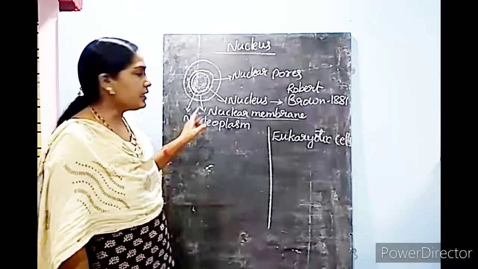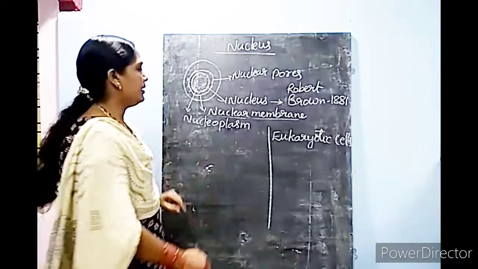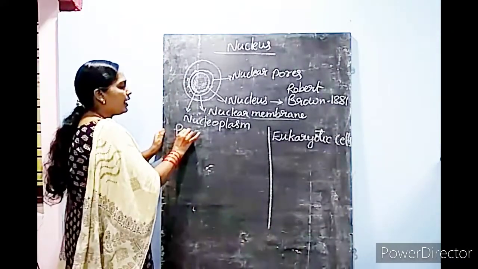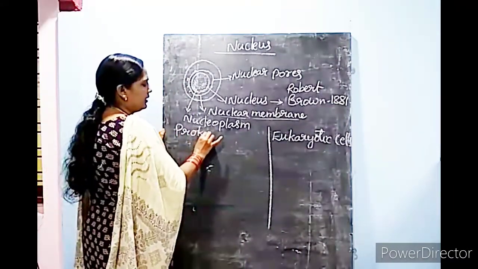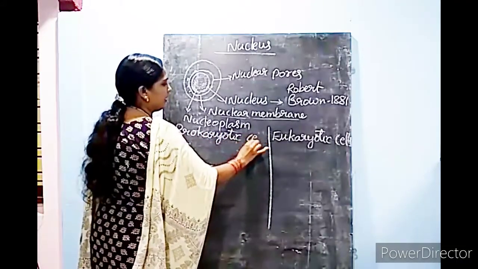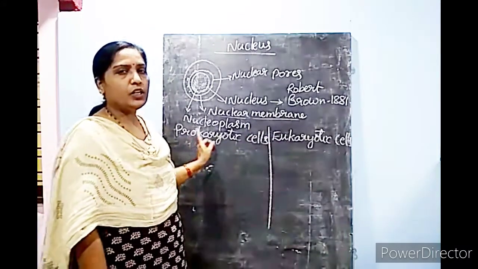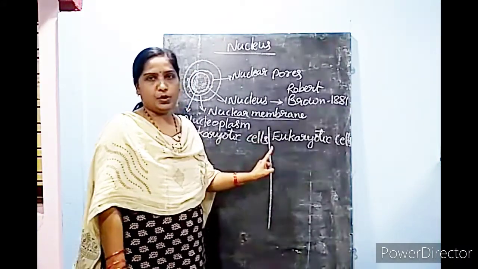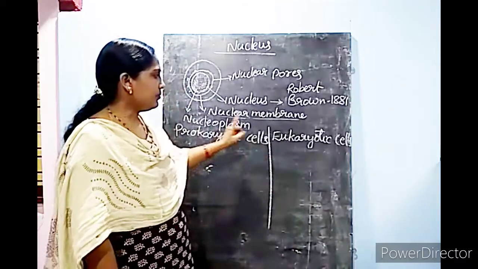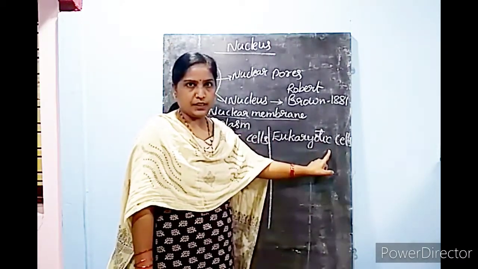Such organisms are known as prokaryotic organisms. Prokaryotic cells: the cells which do not have the nuclear membrane, we call them prokaryotic cells.